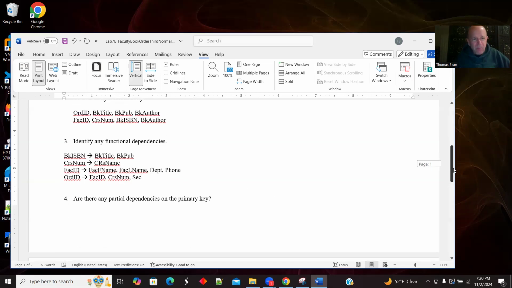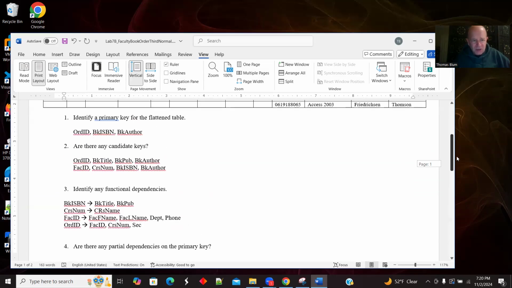So what up above are partials? We're saying we're going with order ID. Now there's a generalized second normal form and then the regular normal form. The second normal form is defined by partial dependencies on the primary key. So if order, book ISBN, or book author, or any two of the three are telling us things, that would be a partial.